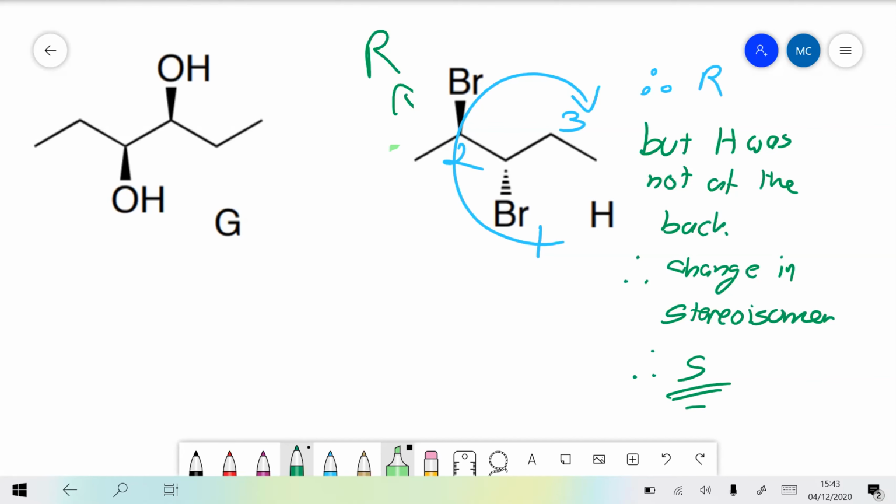Instead of saying, listen, let's complicate life by shifting the molecule, I kept in mind that hydrogen was not at the back.